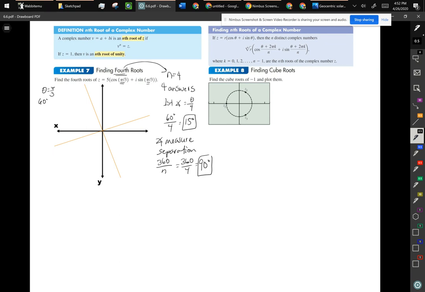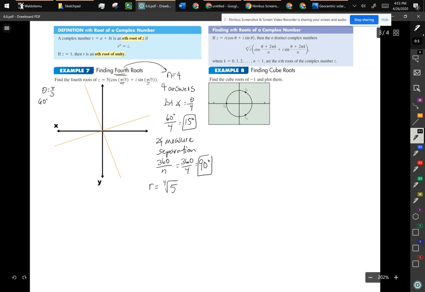And the last thing I need to know is the radius of the nth roots. And that part's easy, because if you do something multiplied by itself 4 times to get 5, well, that's just the fourth root of 5. So you know r is equal to the fourth root of 5.